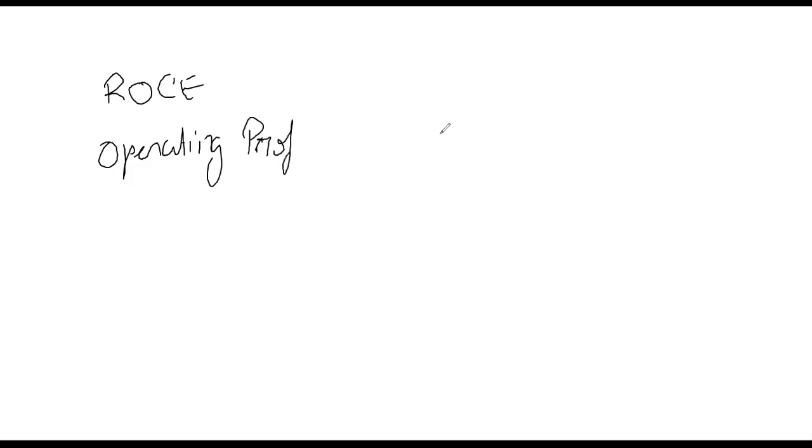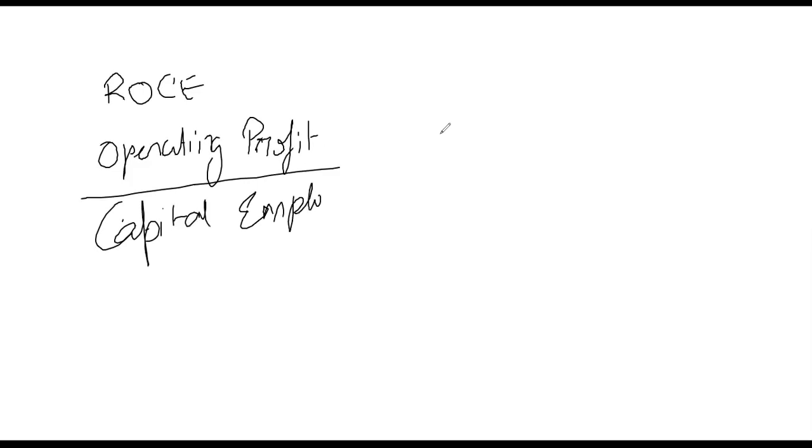We have seen the return on capital employed, which stated operating profit divided by capital employed. So this was the thing that we had seen in our last class. You are well aware how to calculate the capital employed.